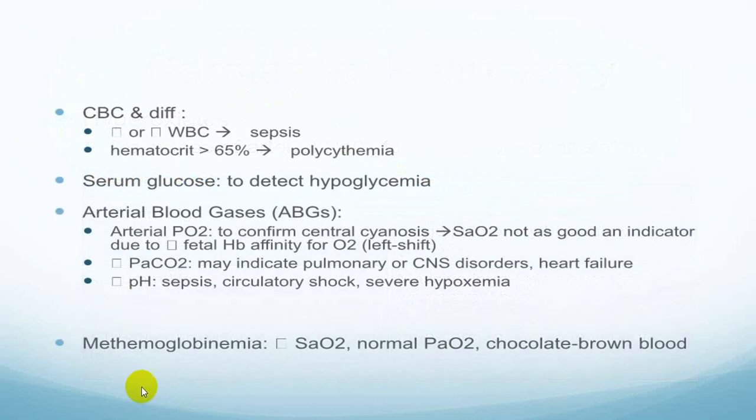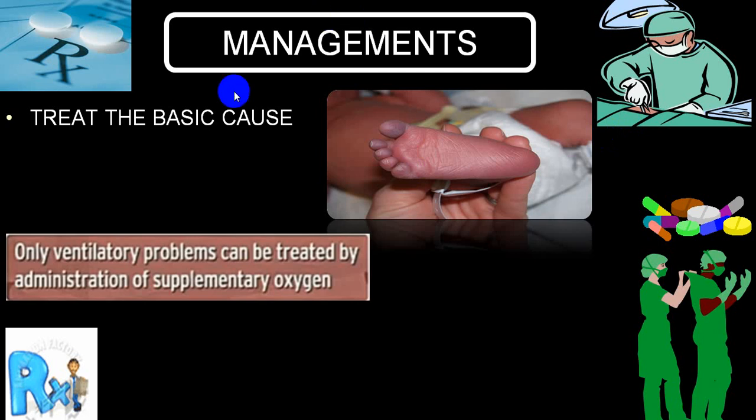We have already mentioned all this. Methemoglobin, then hematocrit, etc. We have gone through. Management will depend upon treating the basic cause, and we have already mentioned that if there is only a ventilatory problem because of the lung, then it can be treated very well with supplementing oxygen.